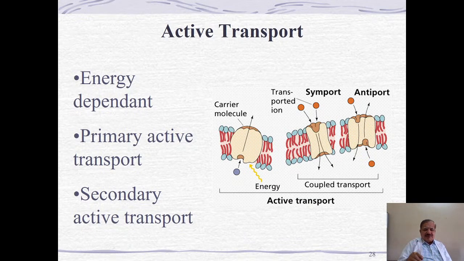Once the phosphate bond is released, after the energy is released, there is a movement. This energy is for the movement of these molecules. After that, one more phosphate is added and adenosine diphosphate becomes triphosphate.